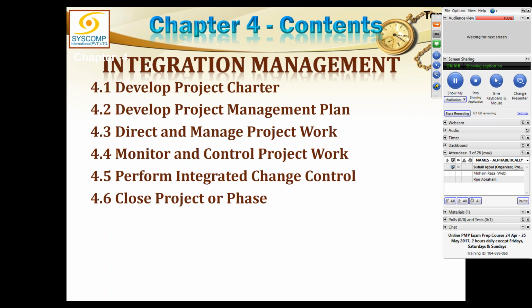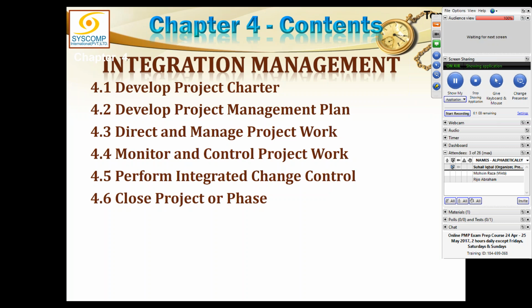Control schedule can move a change request. Any control can move a change request. But monitor and control project work is the father of them all. So it looks at the consolidated data in a holistic manner and recognizes if some change request was necessary and was not moved by any other control. So it is supposed to move that change request.